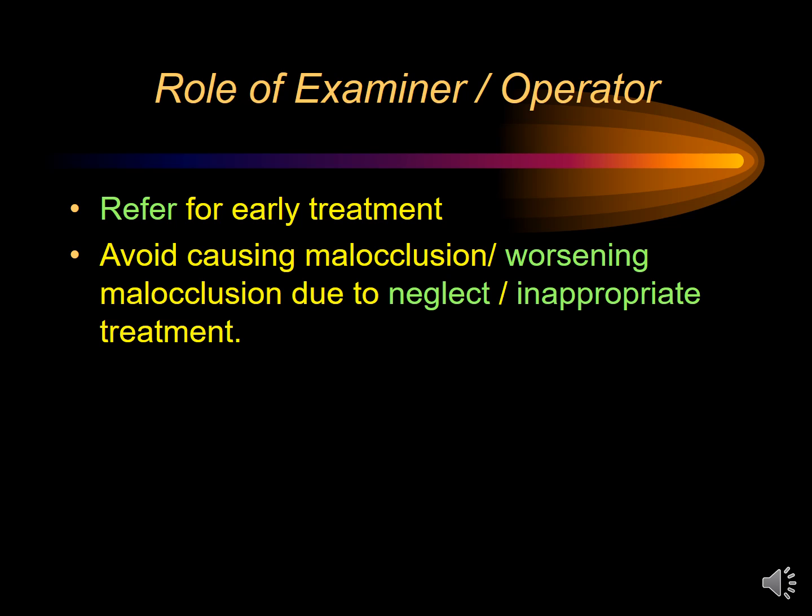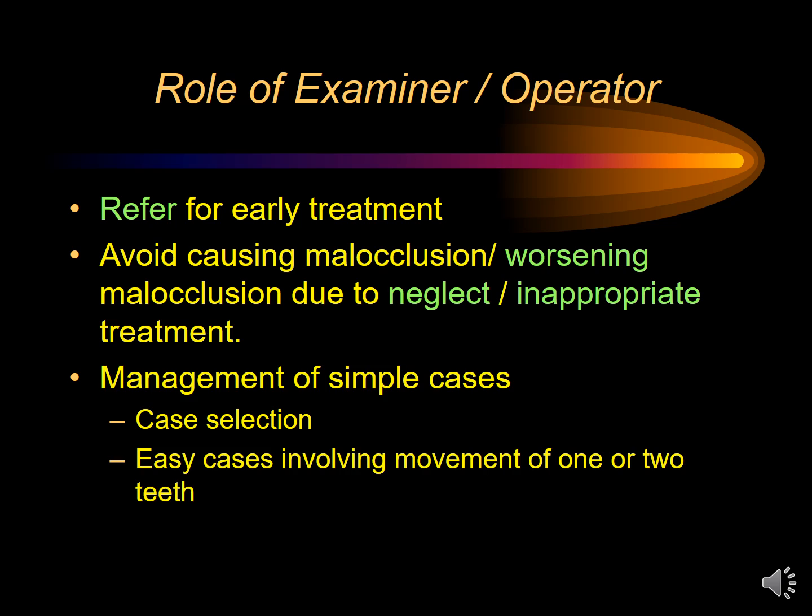We should avoid making the malocclusion worse due to neglect, which means no treatment is given at the appropriate time, or inappropriate treatment is given, or appropriate treatment is withheld.